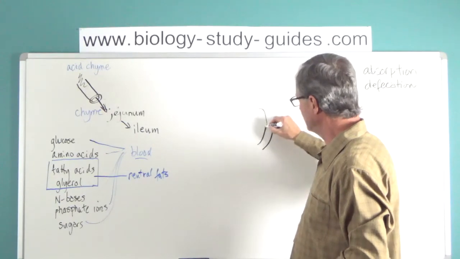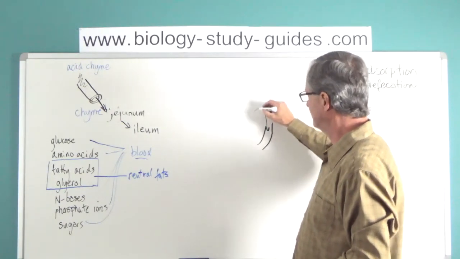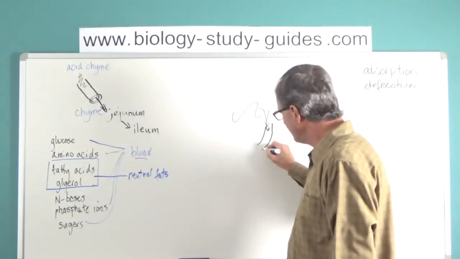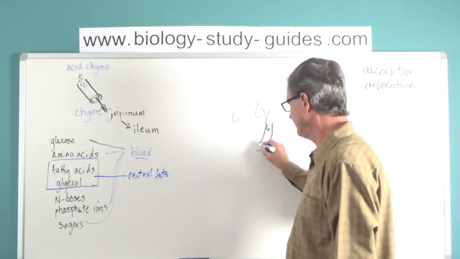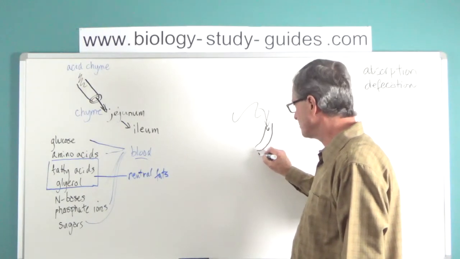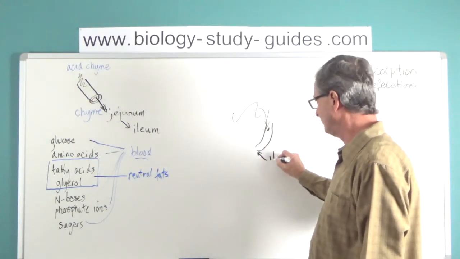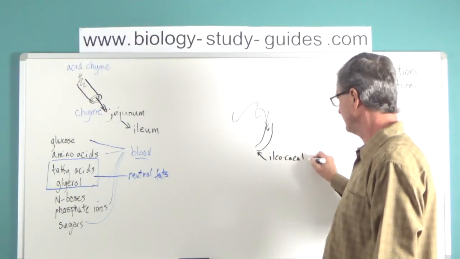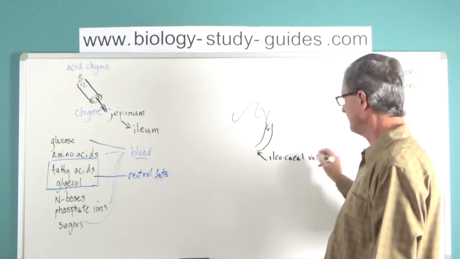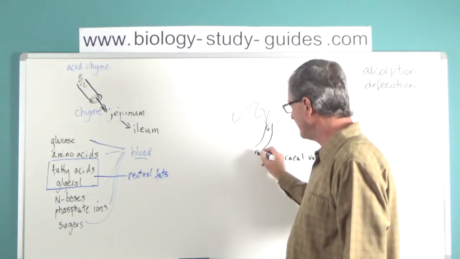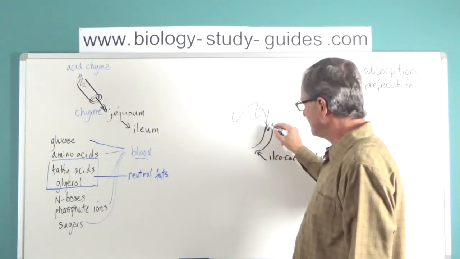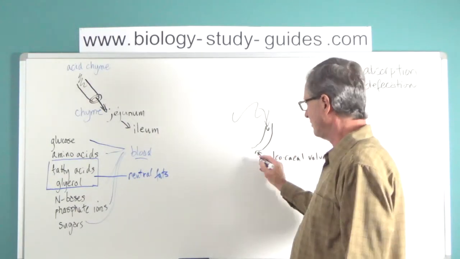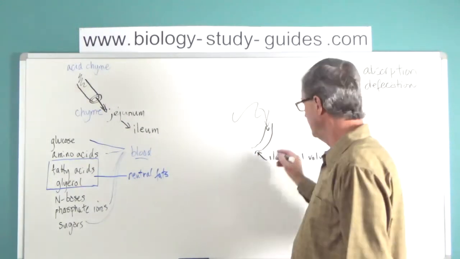We've had several meters of ileum up here, and all the absorption occurred up here. At the bottom of it we have another sphincter. This sphincter is called the ileocecal valve. And what it does, quite simply, is it prevents the movement of this material too quickly into the large intestine, which follows this, the large intestine or the colon.